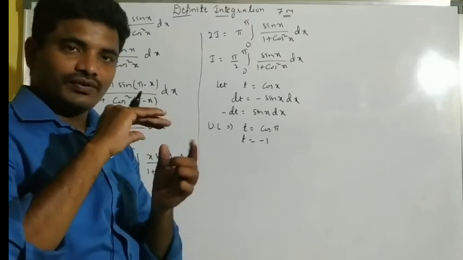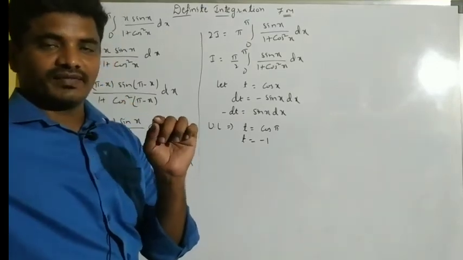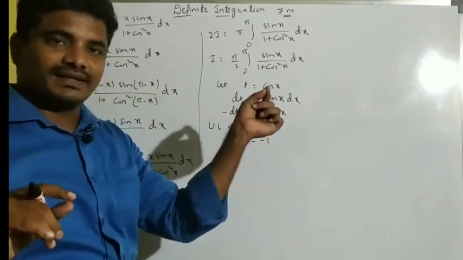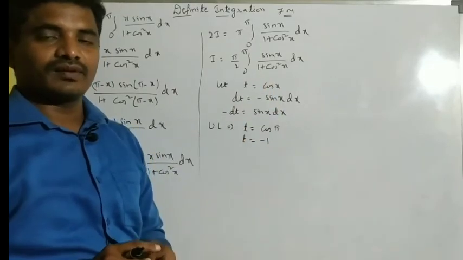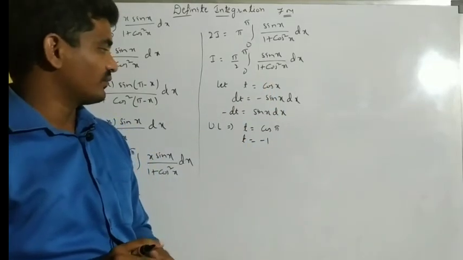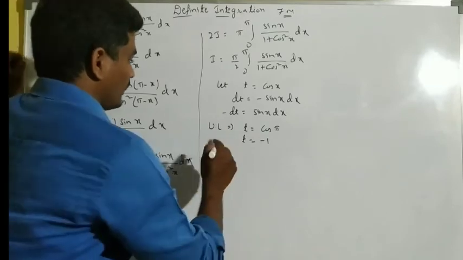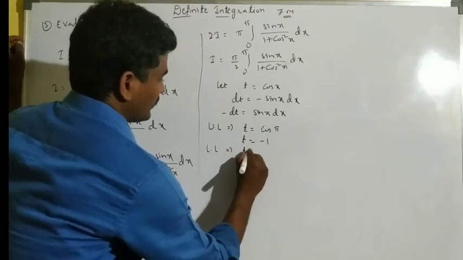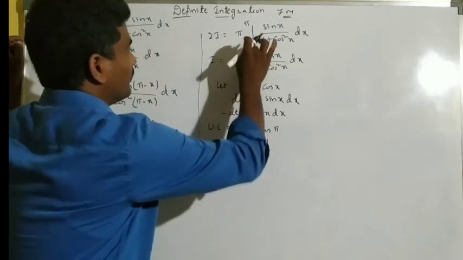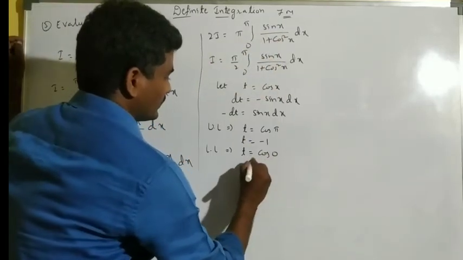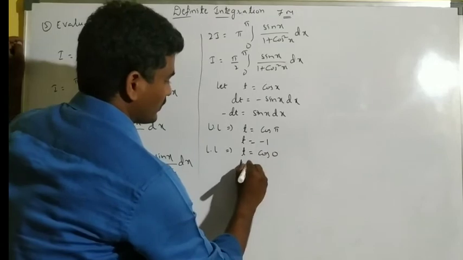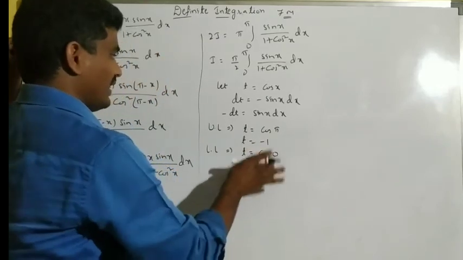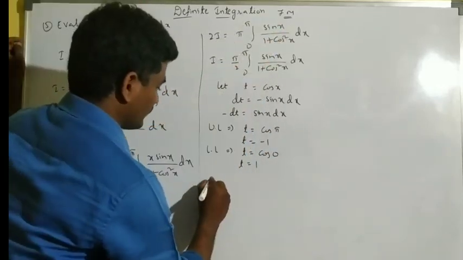Cos 0 and cos pi are the greatest and lowest values. Lower limit: t equals cos 0, so cos 0 equals what here? 1. So these values I am going to substitute here.